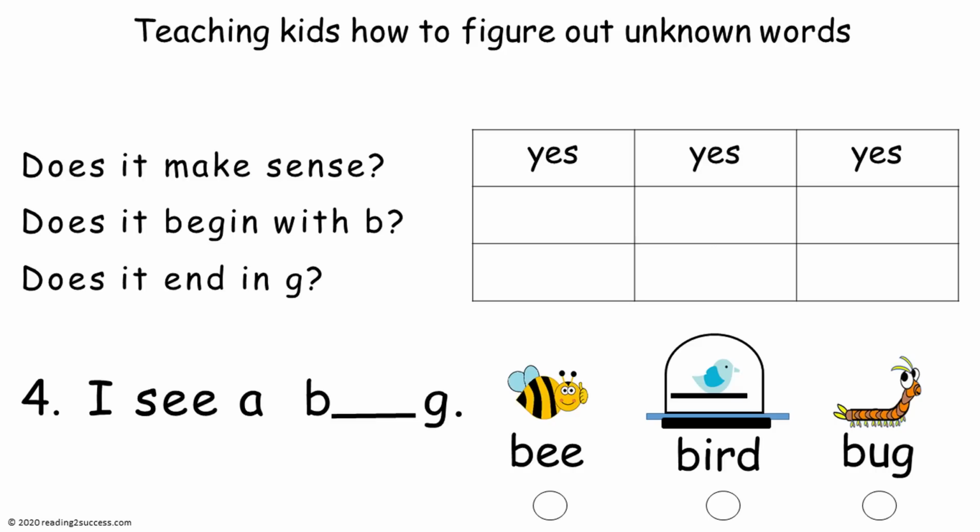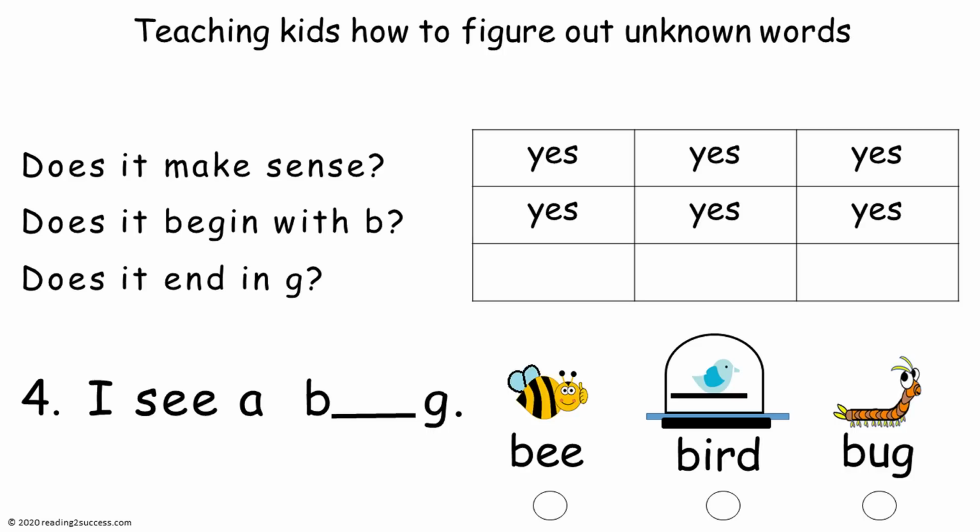Does it begin with B? Yes, bee begins with a B, bird begins with a B, and bug begins with a B. Yes, they all begin with a B. Then ask the third question. Does it end in G?